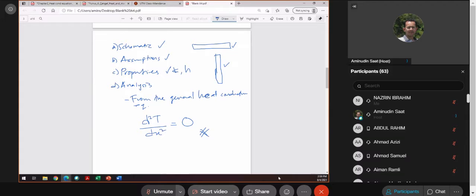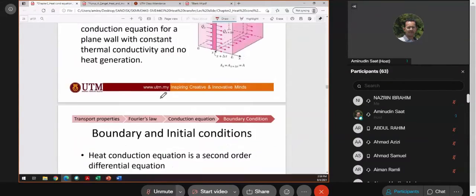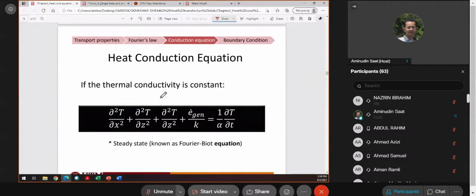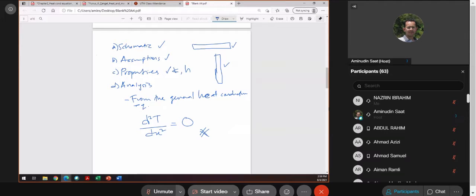For your level, normally we only simplify from this long equation into a very simple expression. And then the boundary conditions. So what are the boundary conditions?